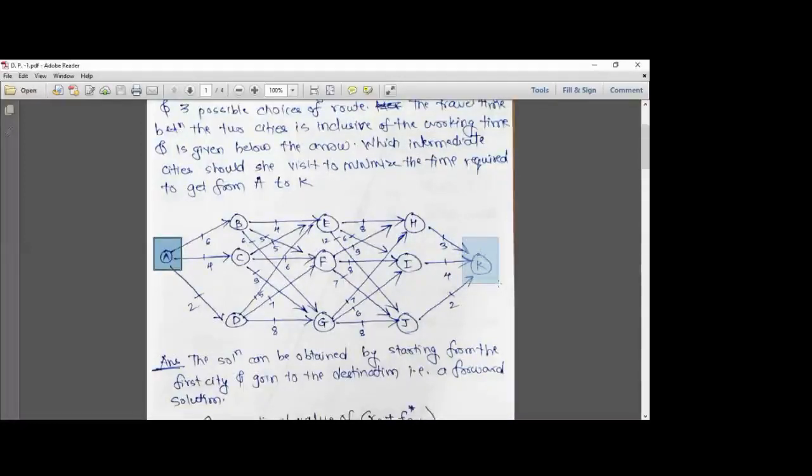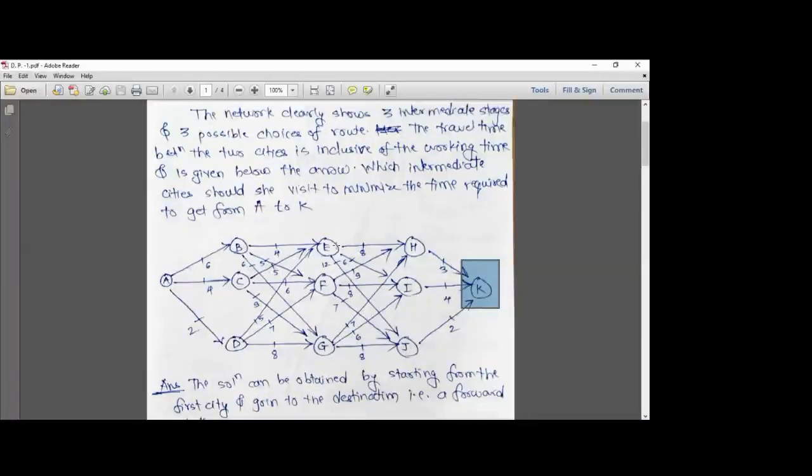A stands for Ahmednagar, K stands for Kolkata. She is the project manager and she is to travel from Ahmednagar to Kolkata, but during her travel, she is interested in visiting only one city from each of the intermediate stages.